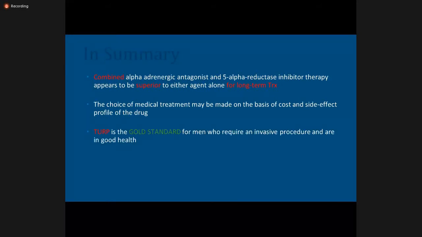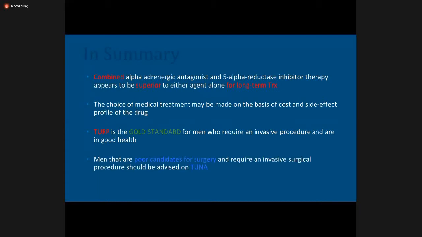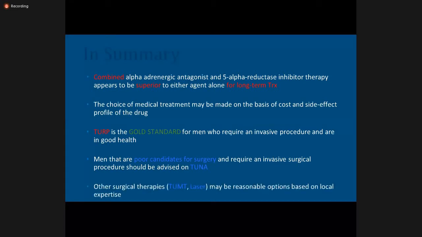TURP is the gold standard for men who require an invasive procedure and are in good health. Men who are poor candidates for surgery and require an invasive procedure should be advised on TUNA. Other surgical therapies may be reasonable options based on the local expertise and instruments available.